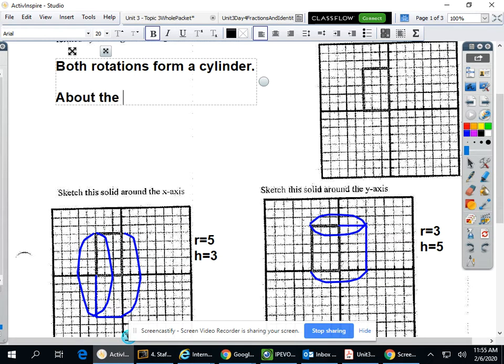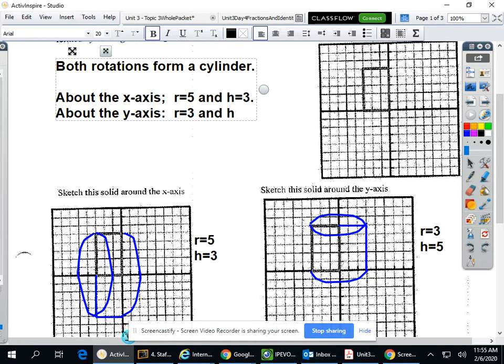About the x-axis, R equal 5 and H equal 3. About the y-axis, R equal 3 and H equal 5.